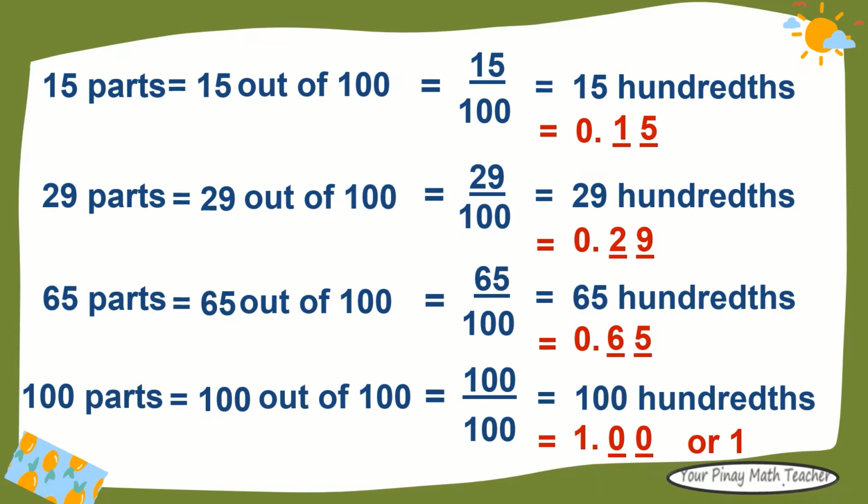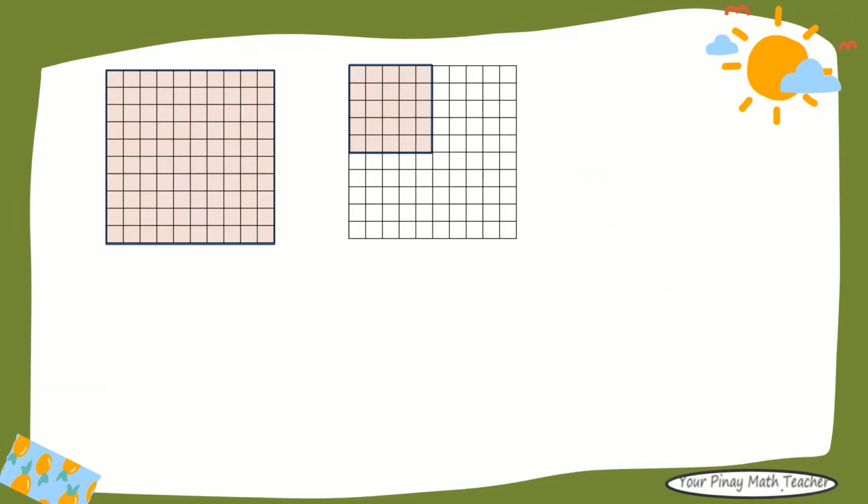If you notice, when a number is in hundredths, it has 2 decimal places. A decimal can also be more than one whole. Look at this. In the first figure, all its 100 equal parts are shaded. So the fraction for its shaded parts is 100 over 100.